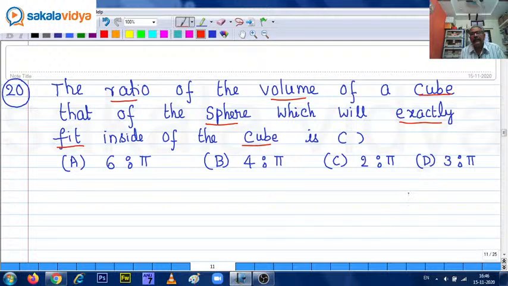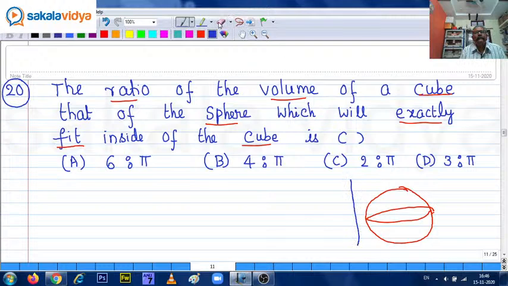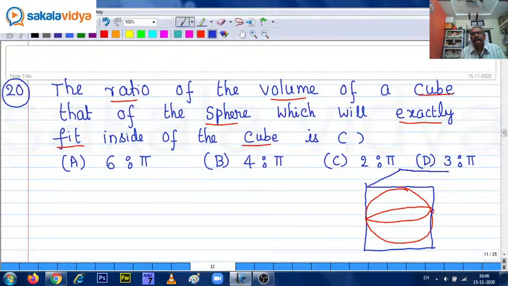So a sphere is exactly inscribed like this in a cube.